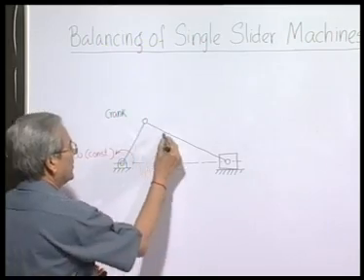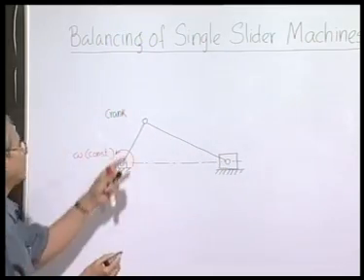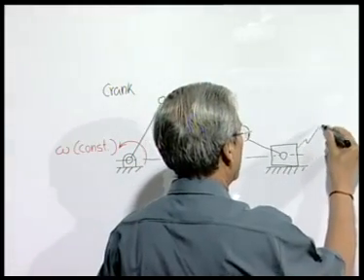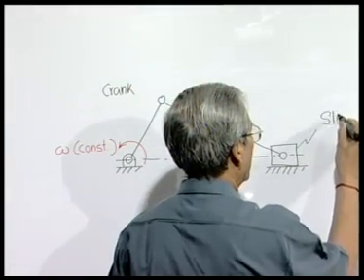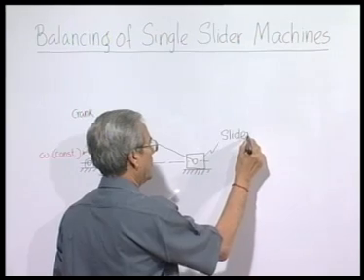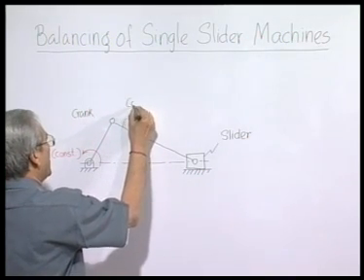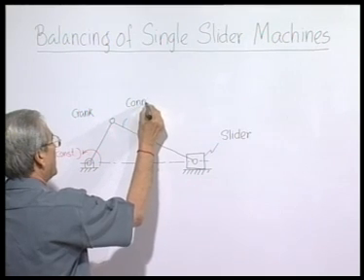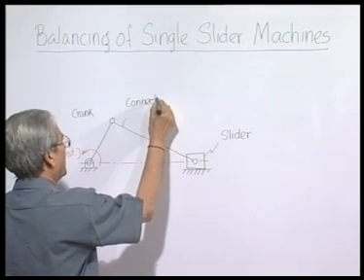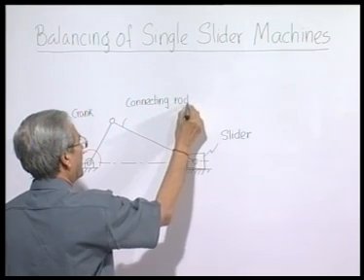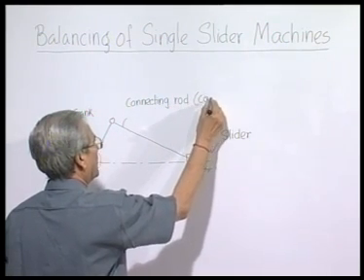This rod or object which connects the crank to the slider, and this is the slider, is called the connecting rod or coupler.